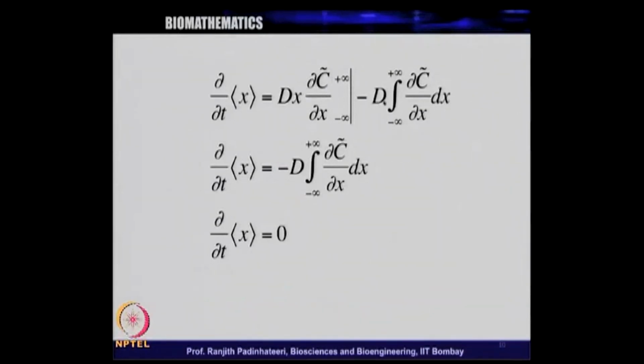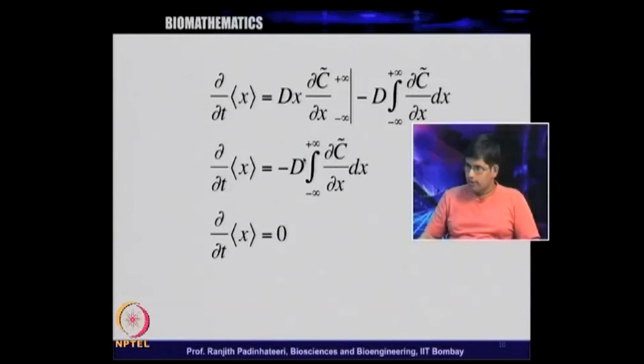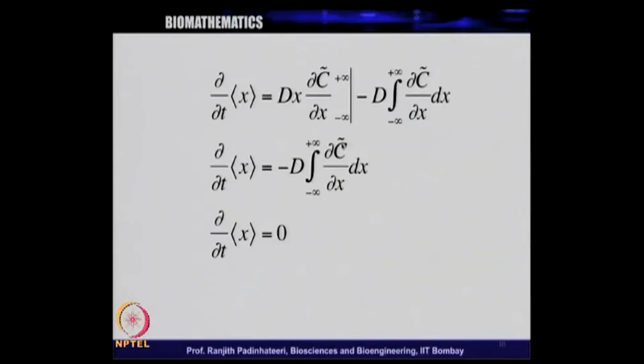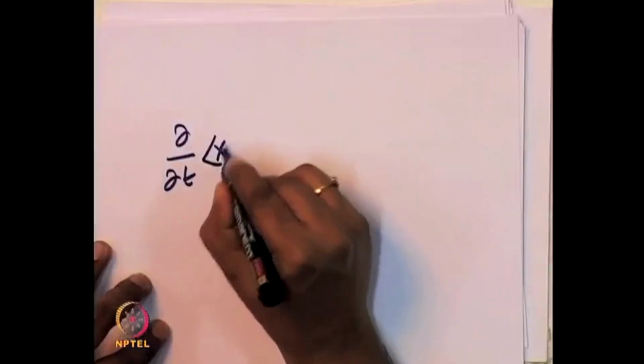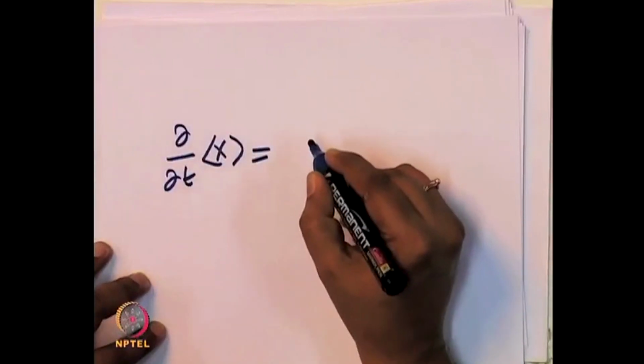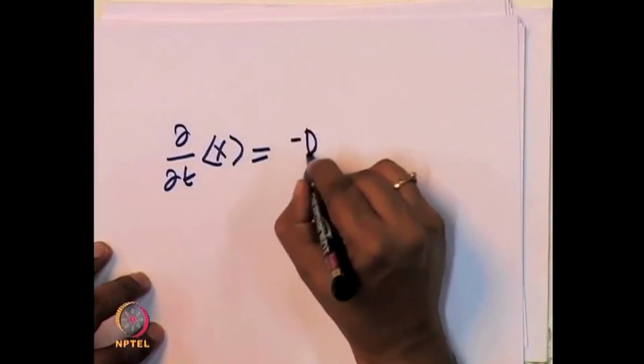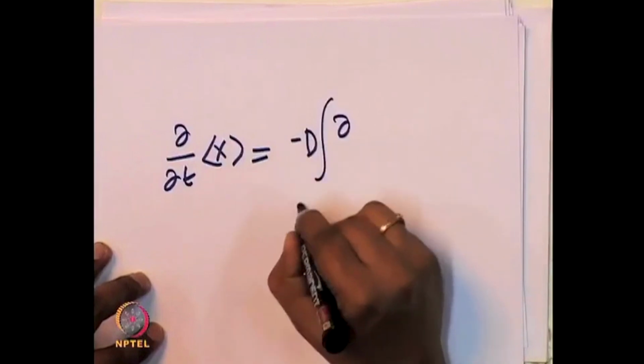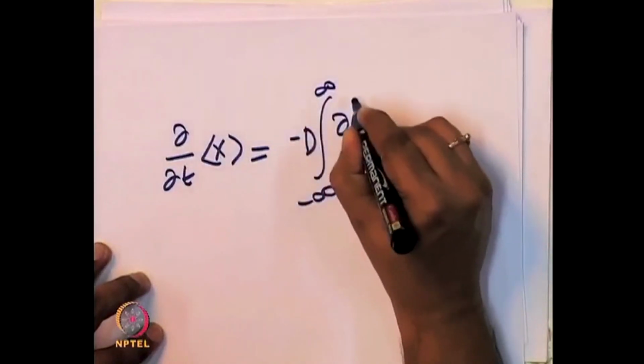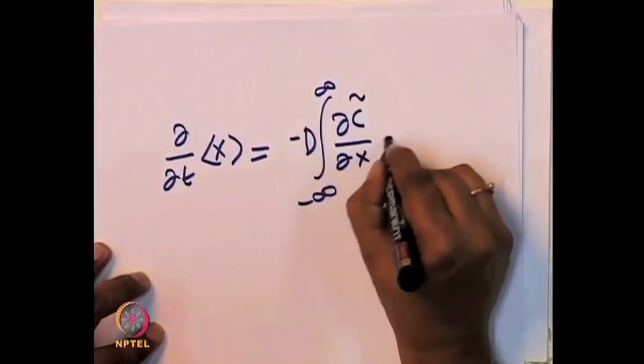So the limit term is 0, and what you are left with is just minus D integral del c by del x dx. So now let us think about what this term gives. What you end up with is del by del t of x average is minus D integral from minus infinity to infinity del c tilde by del x dx.